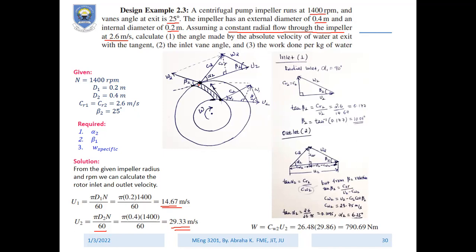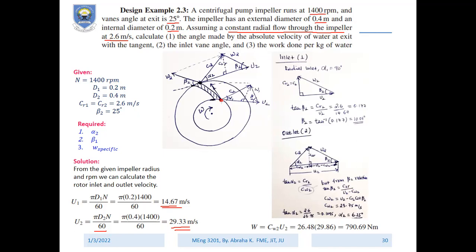So directly we can understand, if the angle at the exit is 25 degrees, it is a backward curved blade. From that, we draw this blade, and we can see the velocity triangles.